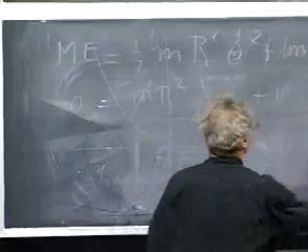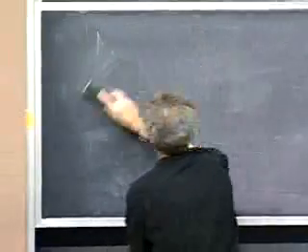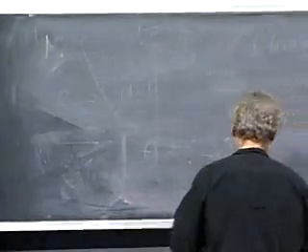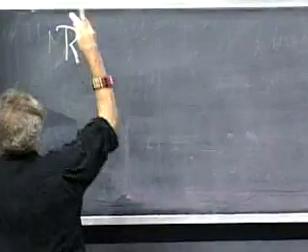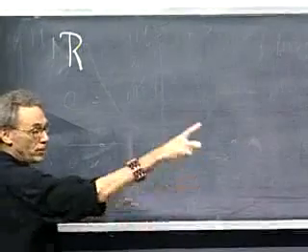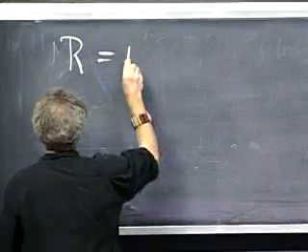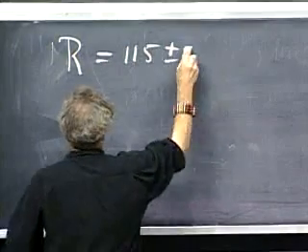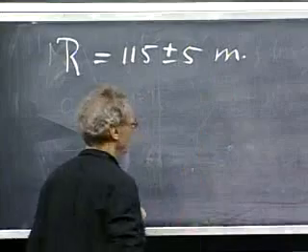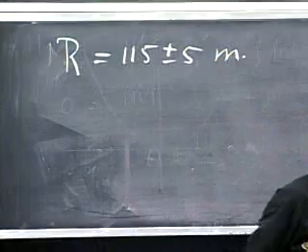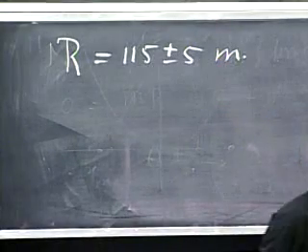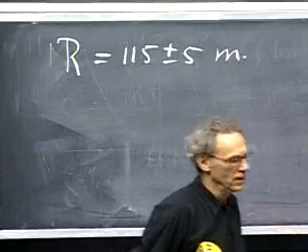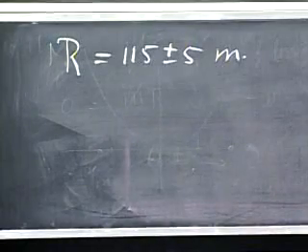Let me try to clean this a little better. And so the radius of curvature of our arc, which is also an air track, equals 115 plus or minus 5 meters. So we can calculate now what the period of oscillations is. The whole track is 5 meters long.